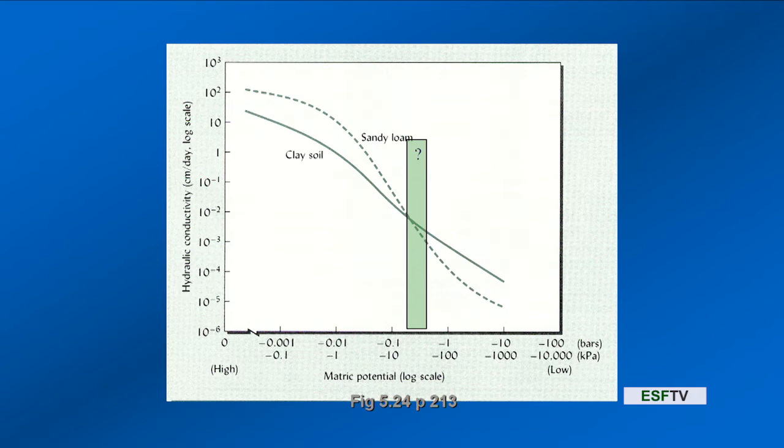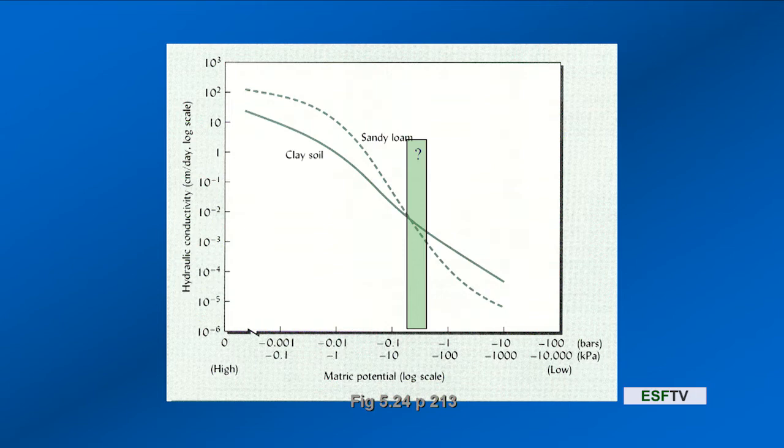Remember we said that was the point two or three days after a soaking rain, when all the macropores had emptied and the micropores had filled. We called that field capacity, and we gave it a potential somewhere between minus 0.1 and minus 0.3 bars, or minus 10 to minus 33 kilopascals. And that's a pretty important difference. And that's field capacity.